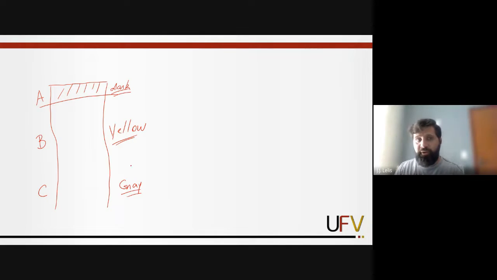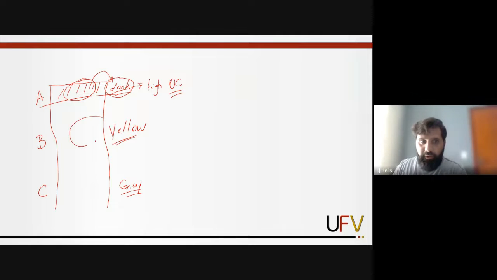Why do they have different colors? Well, dark colors represent a high content of organic carbon or organic matter. So we have this horizon influenced by a high content of soil organic matter.